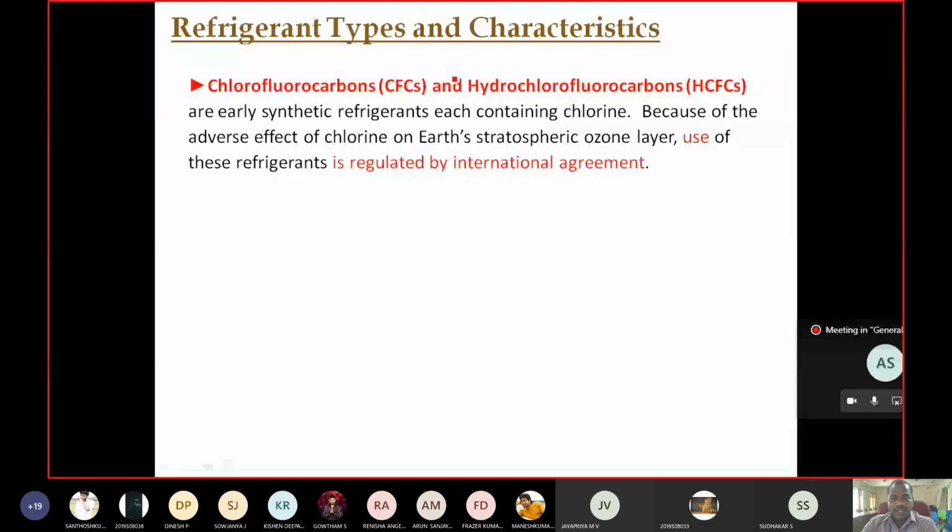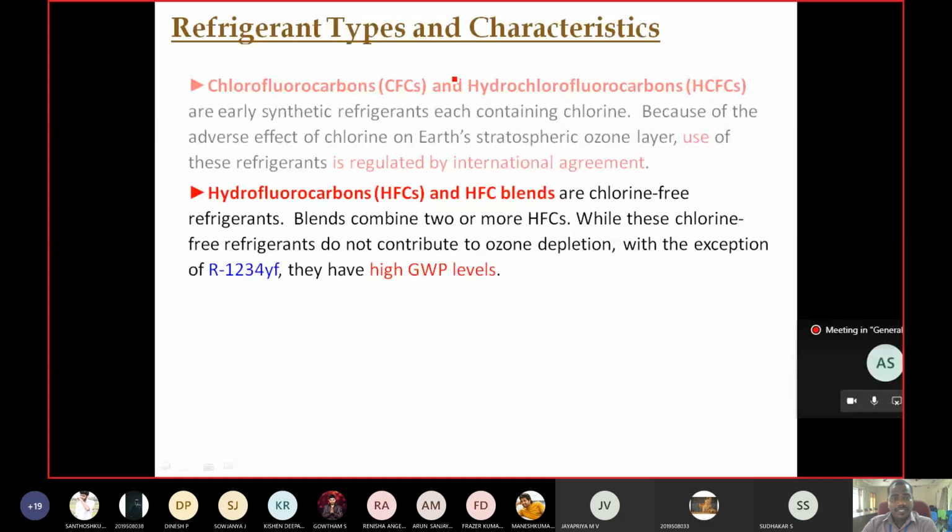Then we have HFCs also. HFCs are hydrofluorocarbons. Here we don't have the chlorine, but we have hydro. So the chlorine-free refrigerant is HFCs. Then blends are also possible. Blends combine two or more HFCs. While these chlorine-free refrigerants do not contribute to ozone depletion, with the exception of R1234YF, they have a high GWP level.